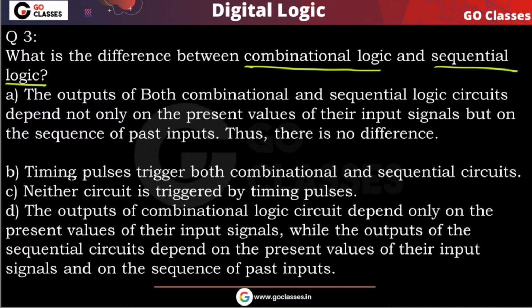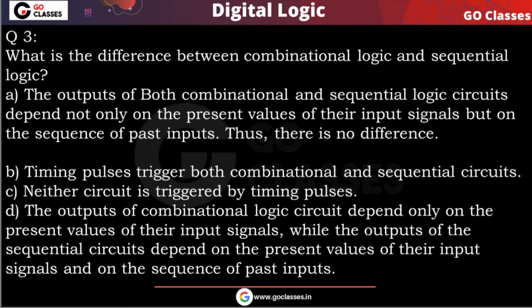So what will be the answer for this question? The first option says that the output of both combinational and sequential logic circuits depends not only on present values of their input signals but on the sequence of past inputs. This option is wrong. Why?